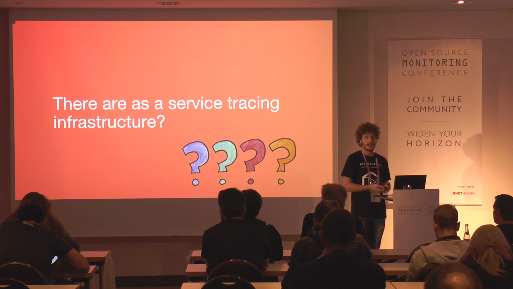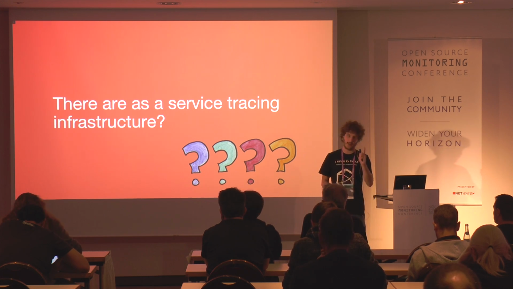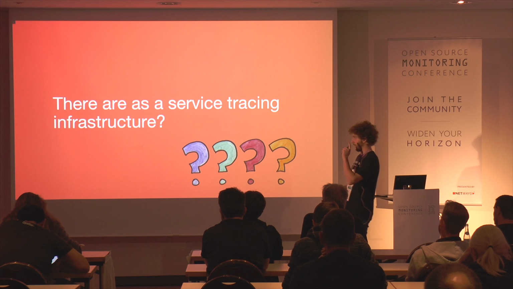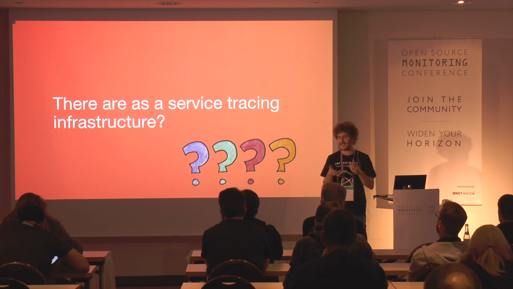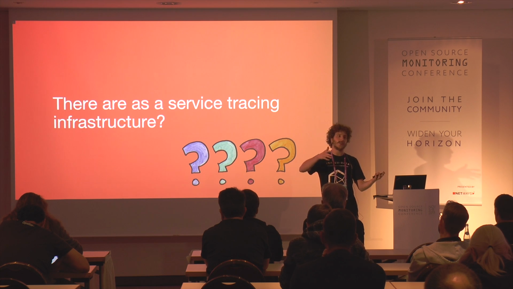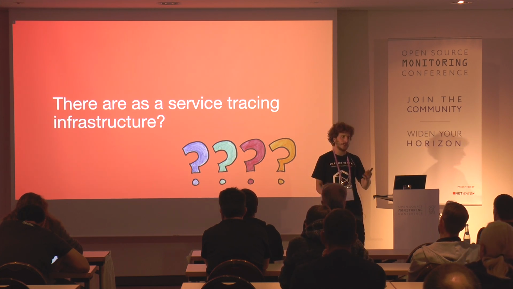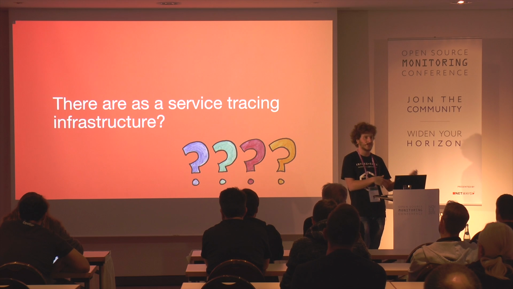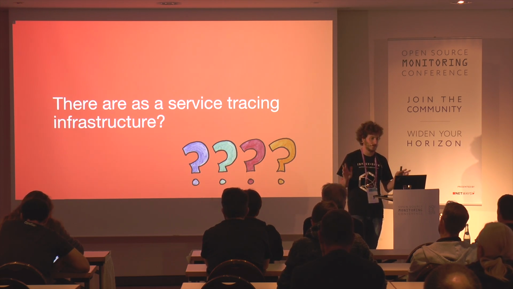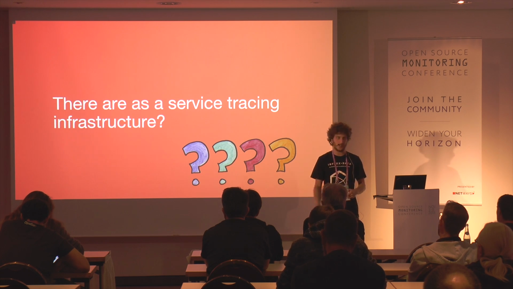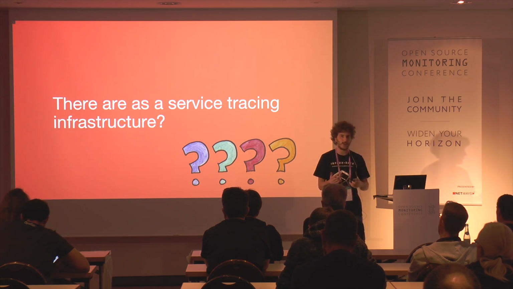There are other service tracing infrastructure. That's also a really good question, and it's also really important because when something gets wrong in your application, it's like the monitoring. If you tie the monitor too close to your application and it goes down with your application and your infrastructure, you won't know, so that doesn't really fit well in what you are trying to do. So outsourcing this kind of stuff is usually not a too bad idea.